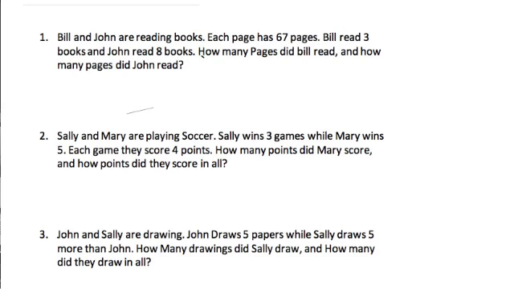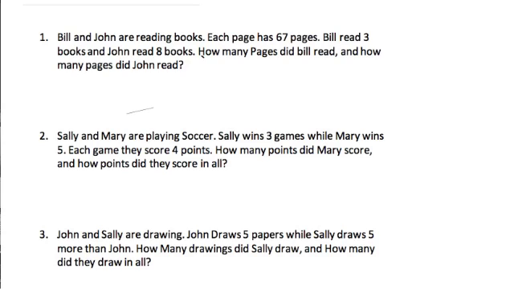So, number 1. Bill and John are reading books. Each book has 67 pages. Bill read 3 books, and John read 8 books. How many pages did Bill read, and how many pages did John read? So each book has 67 pages. So Bill read 3 books.